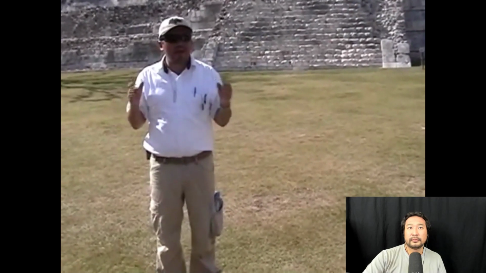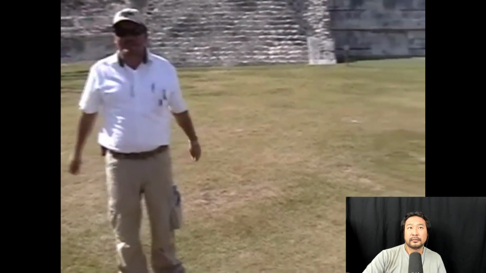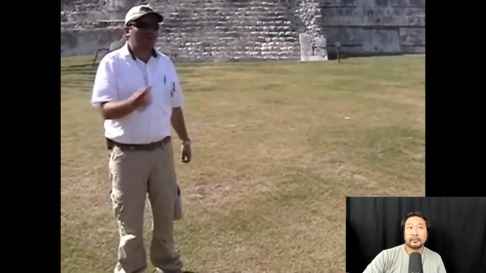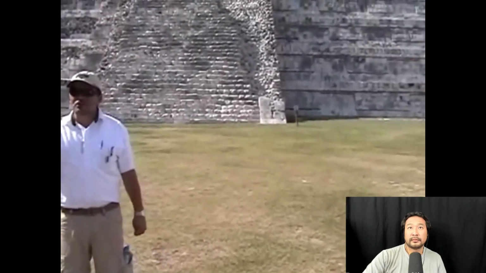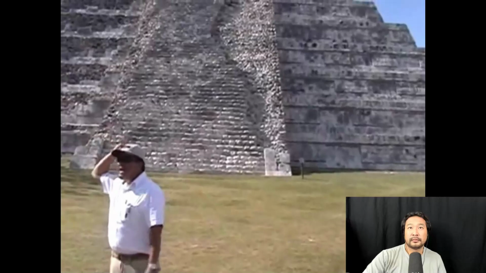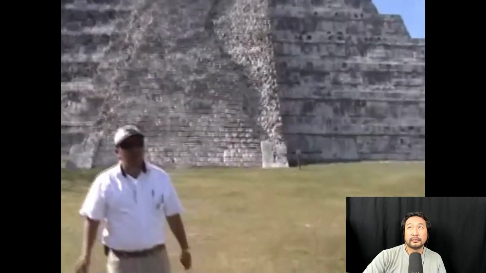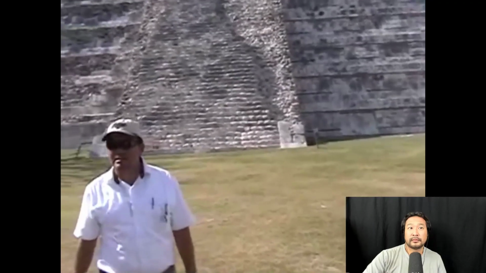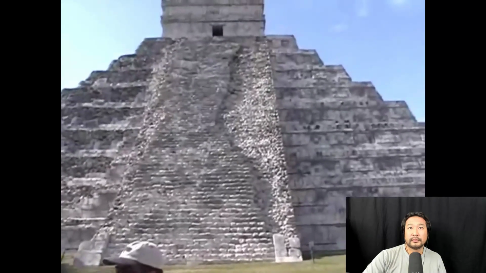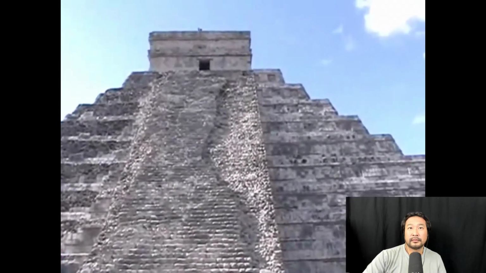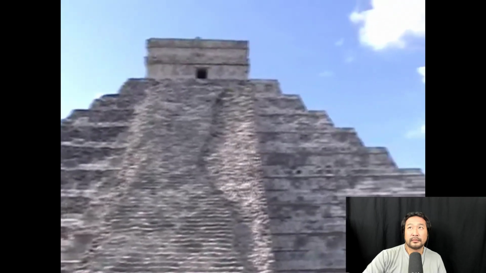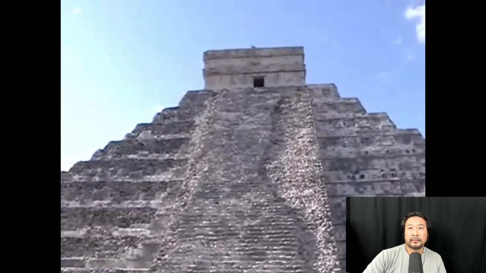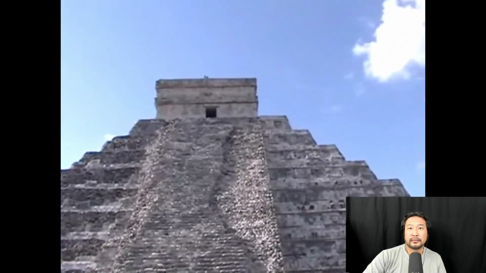Why we cannot hear the noise in this place? One of the reasons, take a look how many stones we miss in this facade. Amigos, I told you 91 steps, and take a look, we have only 90. Unfortunately, the archaeologists, they couldn't rebuild this side of the temple because they couldn't find all those stones. But amigos, believe it or not, today we know where all those stones are.